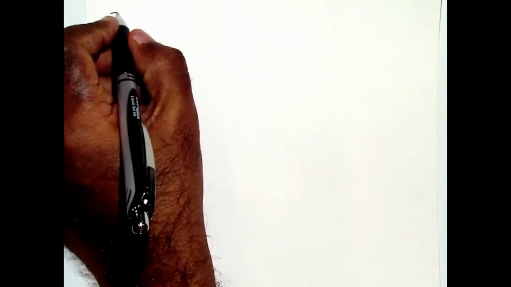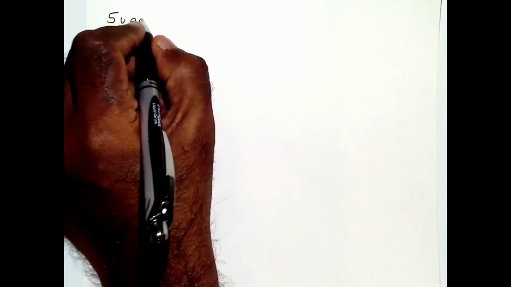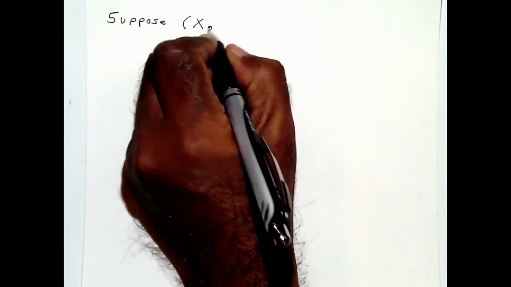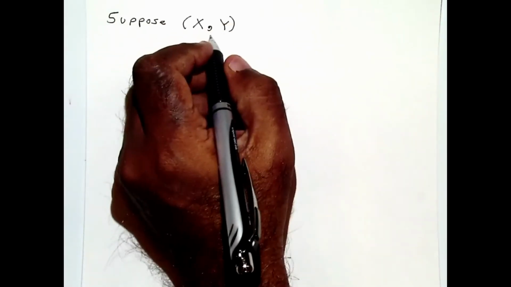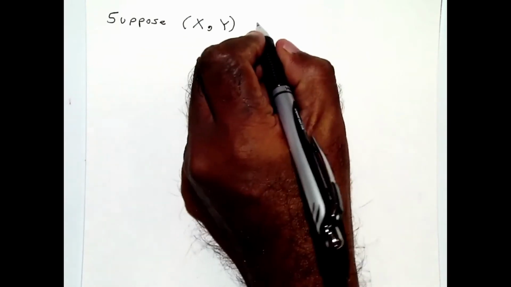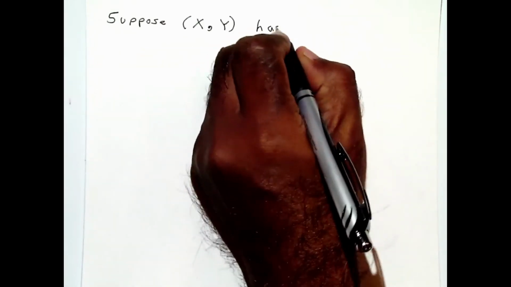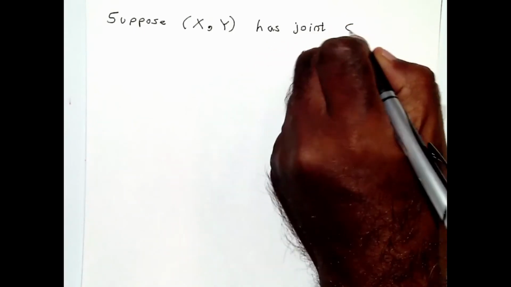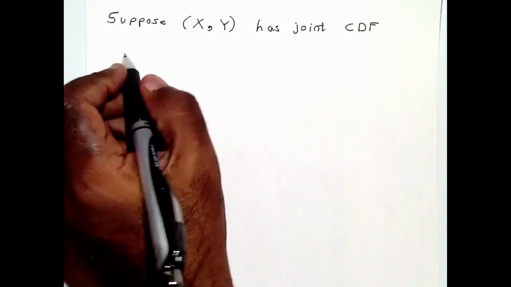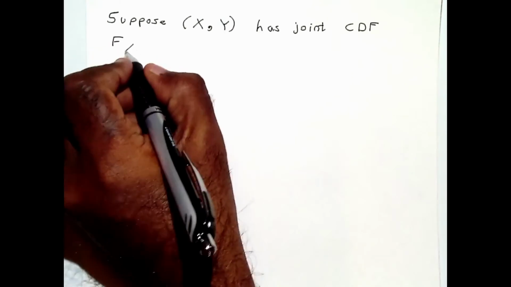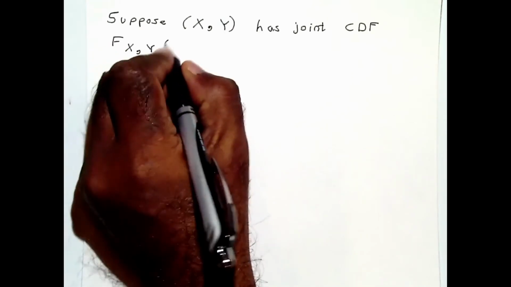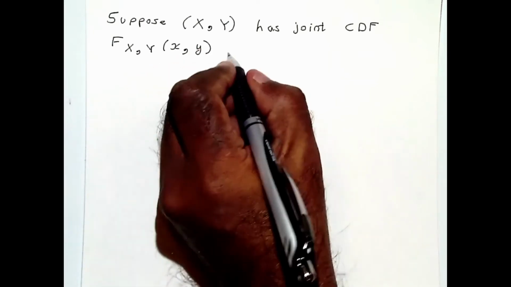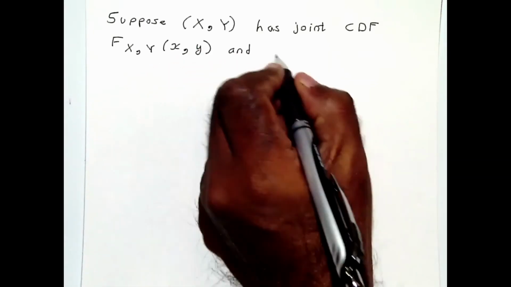Now suppose you have a random vector X comma Y that has the joint CDF, okay, and marginal CDFs.